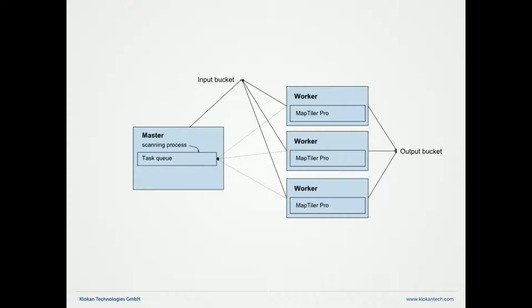So each task is rendering a certain part of the planet, and then we put these tasks into a task queue and launch as many workers as we want to speed up the rendering, and each worker is just pulling from the queue what it is supposed to do, getting the input data from the bucket, doing the crunching and pushing it to the output bucket.